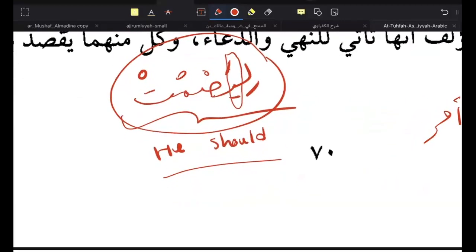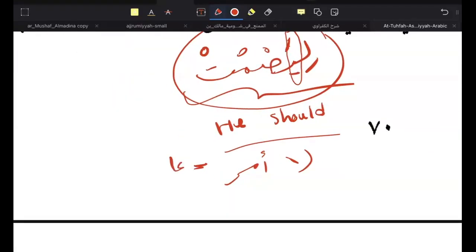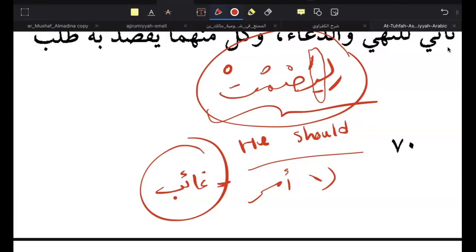And this lamul amr will most of the time come for the ghaib, third person. Now, my question is, why shouldn't we use this one to command someone in front of you? Let's say Muhammad is here. I want to say be quiet or do this. So you speak directly.